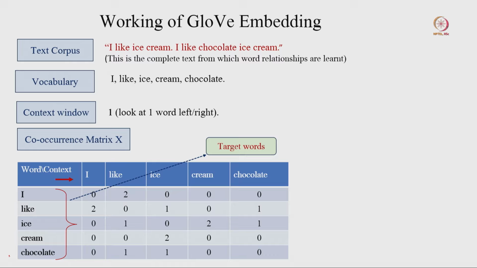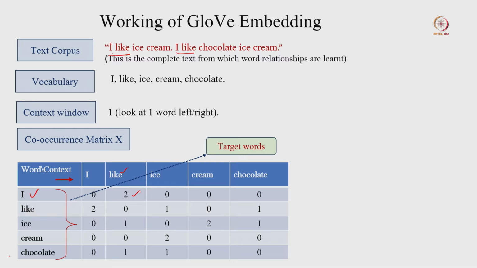We are not getting any. So, I to I is equal to 0. Then I and like: this value gives how many times I and like come together. I like is coming once in this sentence, and once in this sentence. So, the number is 2 here.